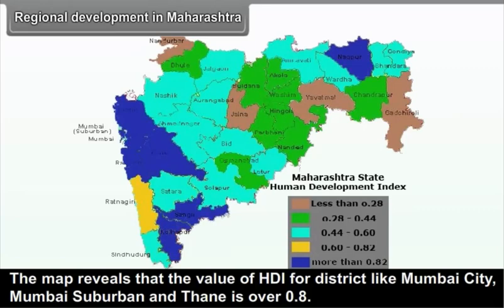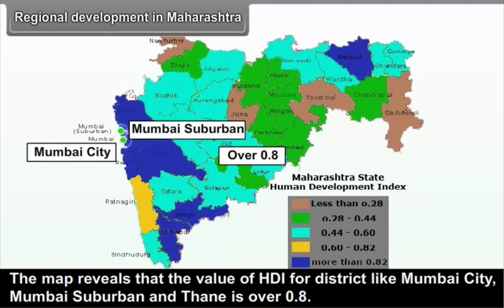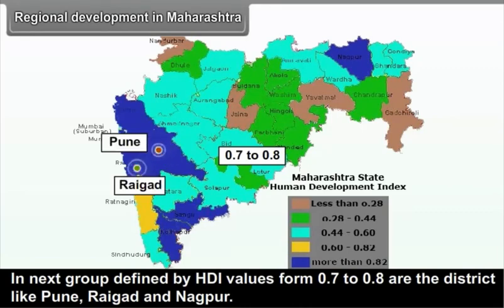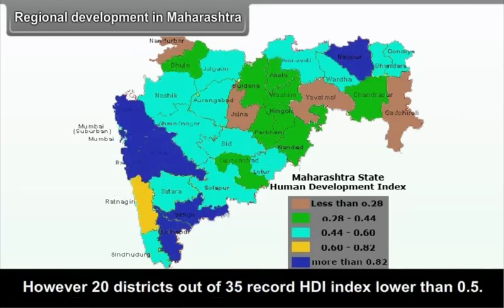The map reveals that the value of HDI for districts like Mumbai City, Mumbai Suburban and Thane is over 0.8. In the next group defined by HDI values from 0.7 to 0.8 are districts like Pune, Raigad and Nagpur.